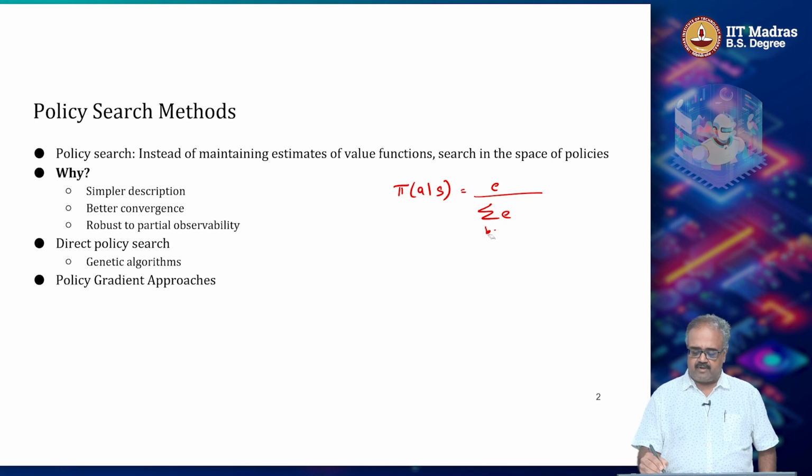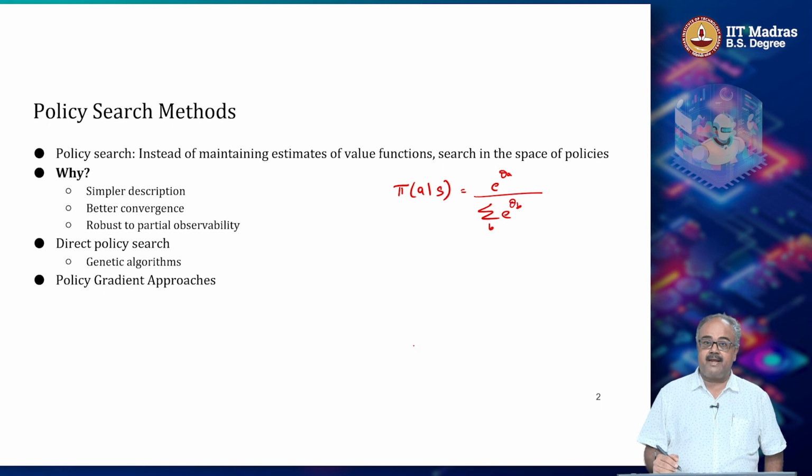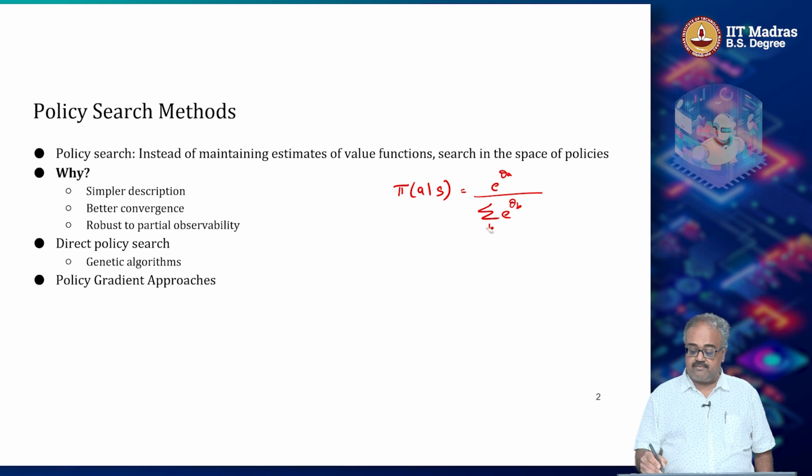I mean, we could still use some kind of a parameterization like this, but it will be something like e power theta A divided by e power theta B, where theta A and theta B are parameters that describe the preference that you have for action A, and theta B is the preference for action B, and so on. So we will maintain theta A's and theta B's instead of maintaining Q of s,A and Q of s,B.